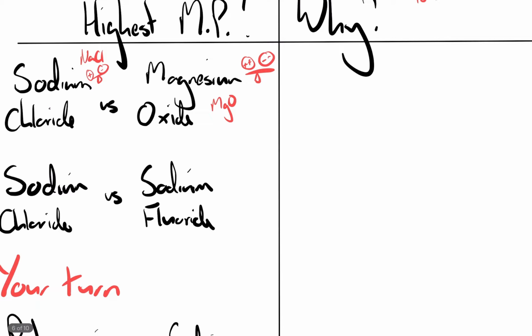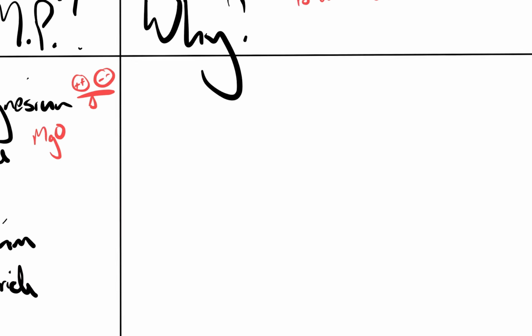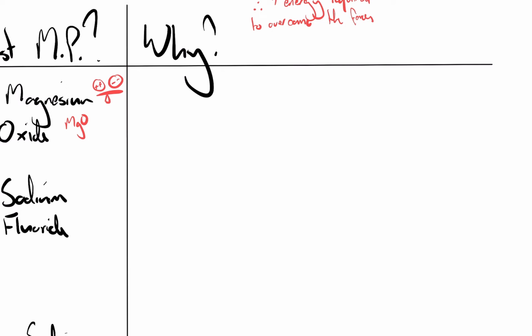So here it's our charges that really become important. So we've got Mg2 plus and O2 minus versus Na plus and Cl minus.